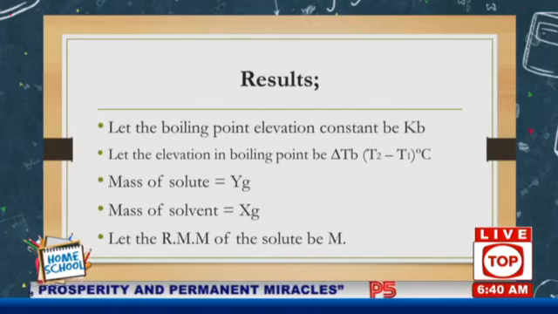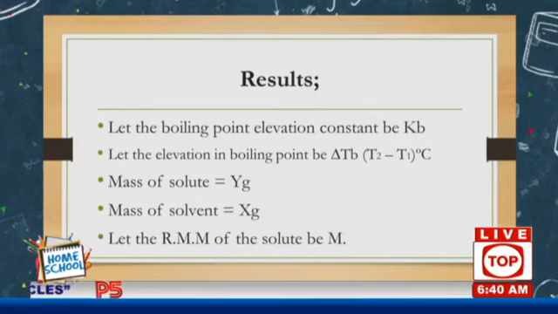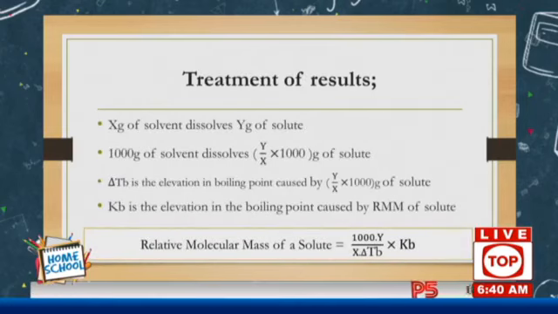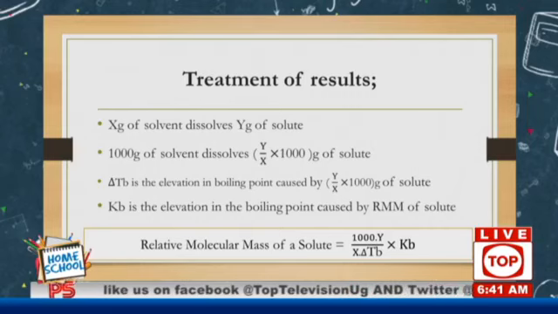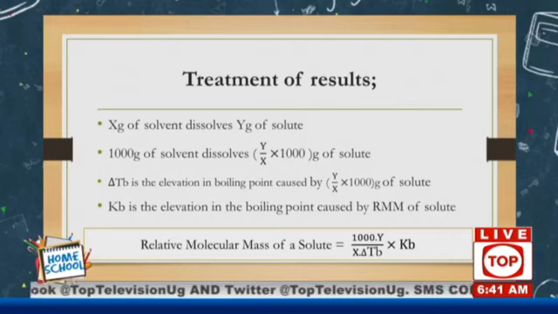And we see what next. How can we treat such results? When we are treating such results, we say that on our next slide, X gram of the solvent dissolves Y gram of the solute. Is it okay? We saw from the experiment that we dissolved Y gram of the solute in X gram of the solvent.